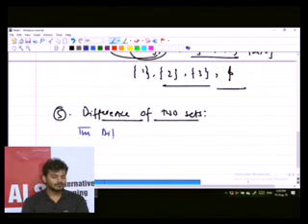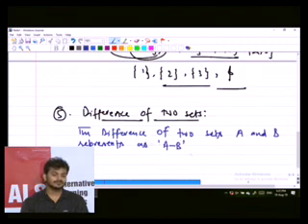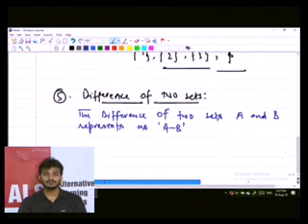The difference of two sets A and B is represented as A minus B. This is how we represent the difference of any sets, A minus B, or B minus A.